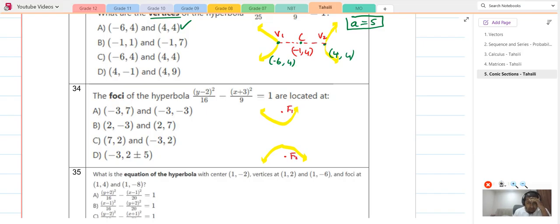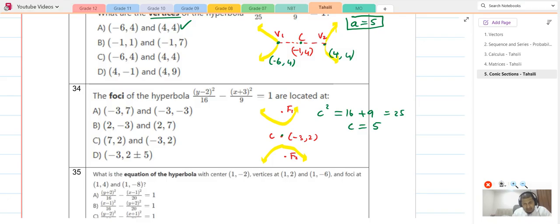To find the foci, we need the focal length. The center is -3 and 2. The x value first, be careful, don't put 2 and -3. It's -3 and 2. Now we need the value for c. c squared is equal to a squared plus b squared, 16 plus 9, which is 25. So the value for c is 5.